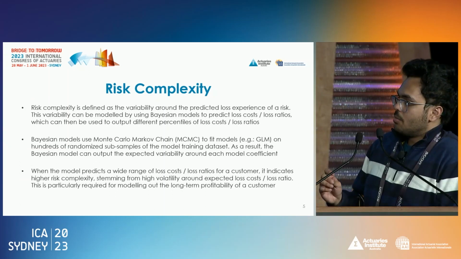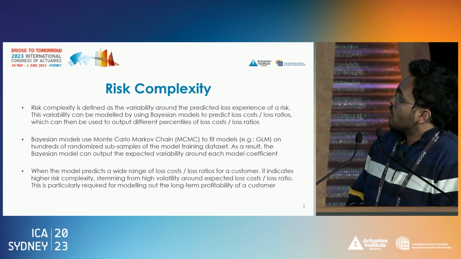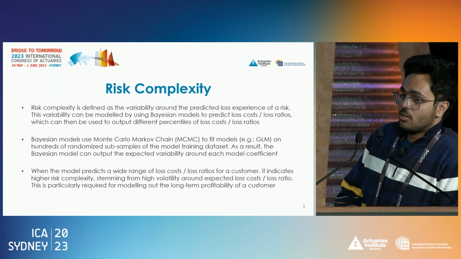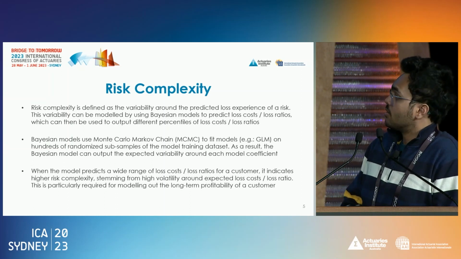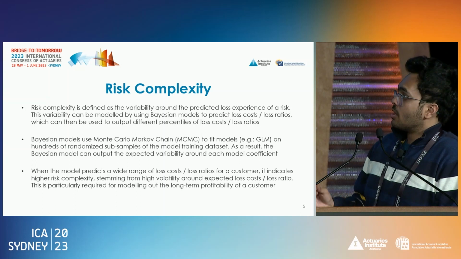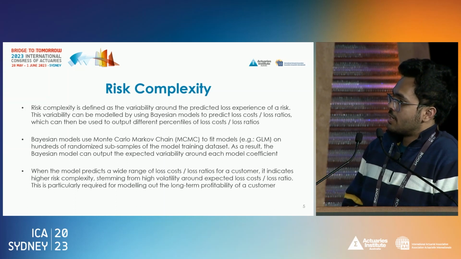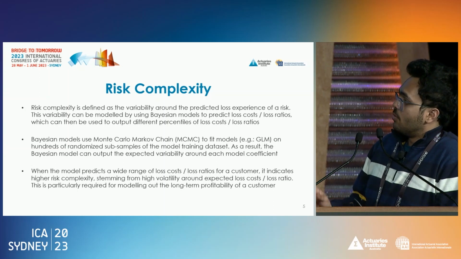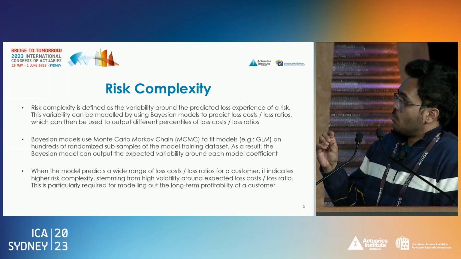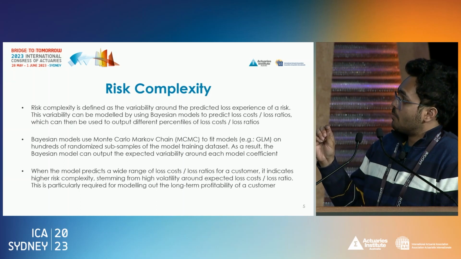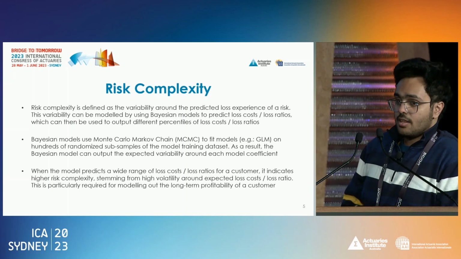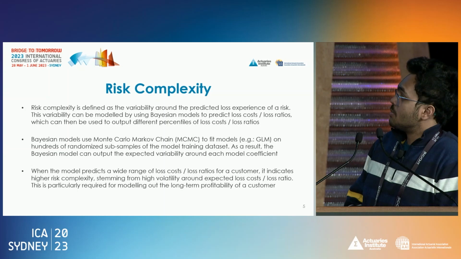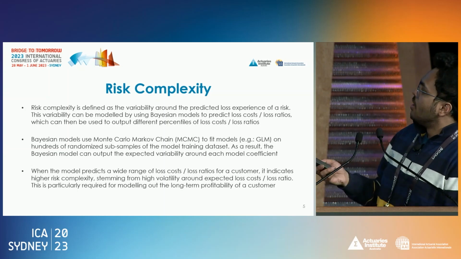And when the model predicts a wide range of loss costs or loss ratios for the particular risk, that can be interpreted as the model having less confidence in the ability to predict the risk for a customer, versus for models with lower complexity, the model is able to predict the risk of a customer with higher confidence.